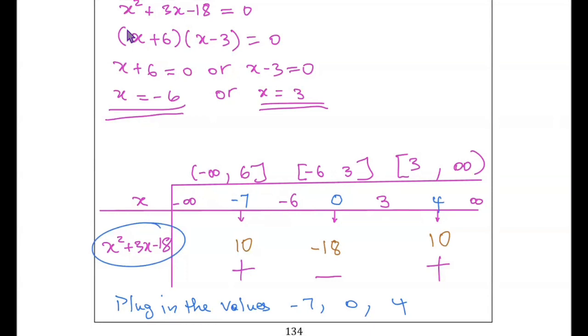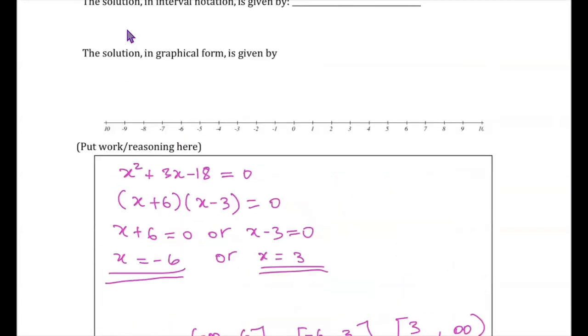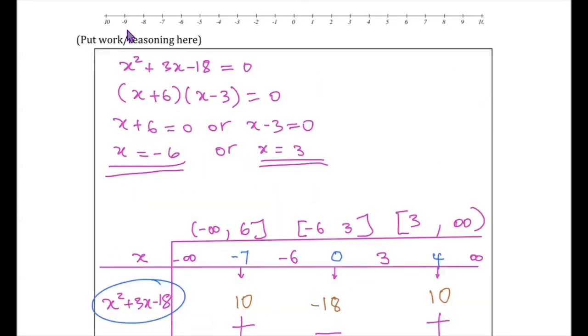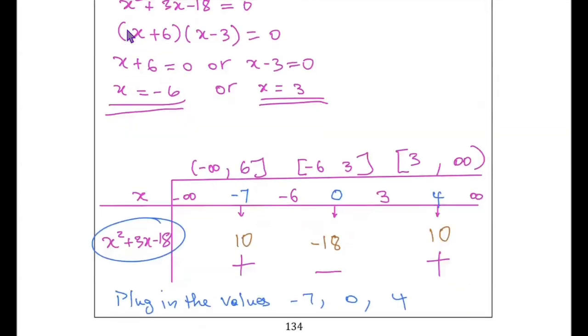We should remember that we were solving for the expression to be either negative or equal to 0. So positive will not be considered. Basically, we should reject this interval. We also need to reject this interval because the expression is positive over it. And then the only one we're going to take is this one.